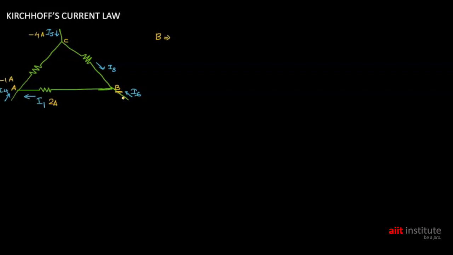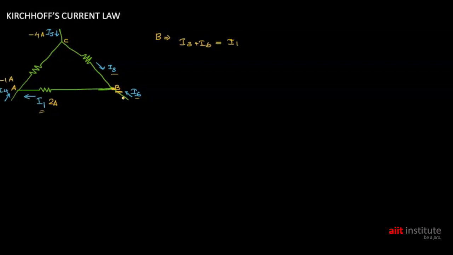In node B, we know that I3 and I6 are the currents entering this node. Similarly, I1 is the current leaving node B. So by applying KCL, we can write I3 plus I6, the entering current, equals the leaving current I1.